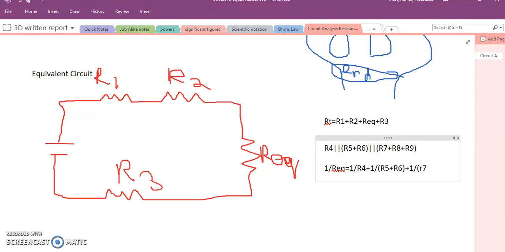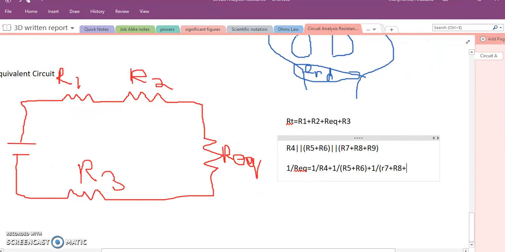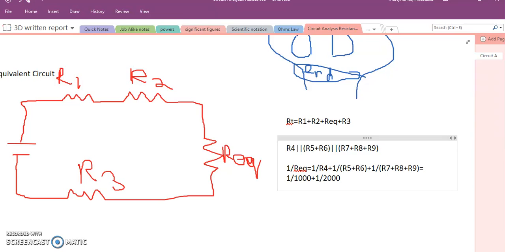This is R7 plus R8 plus R9, right? But ultimately, in the end, this is it. And this really isn't so bad. So next, I need to plug in some numbers. Let's see, this is going to be 1 over 1,000 plus 1 over 2,000, because they're all 1K, right? And I have 2 of them, plus 1 over 3,000.